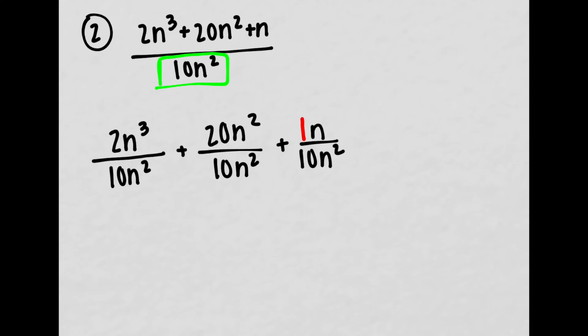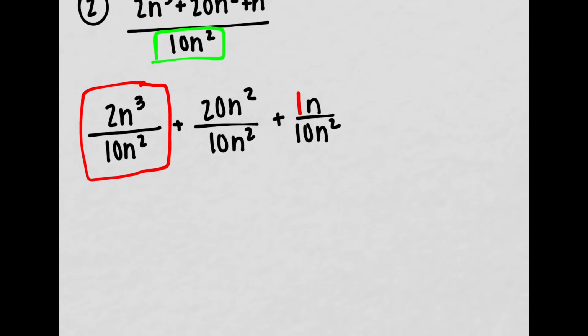Now I'm going to reduce all my coefficients first. So in my first fraction, I have 2 and 10. I can divide them both by 2. So on the top, when I do 2n cubed divided by 2, I get n cubed over 10 divided by 2 gives me 5, and I still have that n squared. My second fraction, I have 20 and 10. I'm going to divide them both by 10.